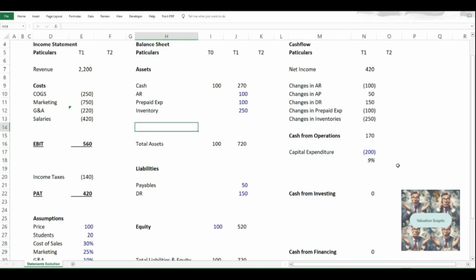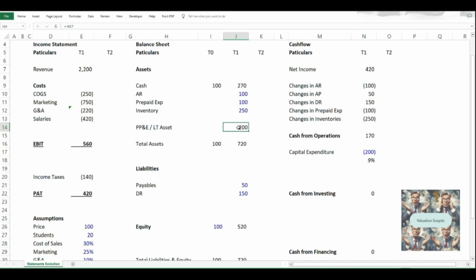Moving on, we will be bringing the asset from cash flow statement, that is PP&E or long-term asset. Please note that I have a minus sign here because it is spending on cash flow statement and I'm bringing that asset on balance sheet.